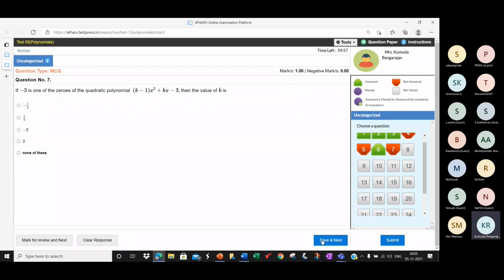If minus 3 is one of the zeros, then the value of k is.